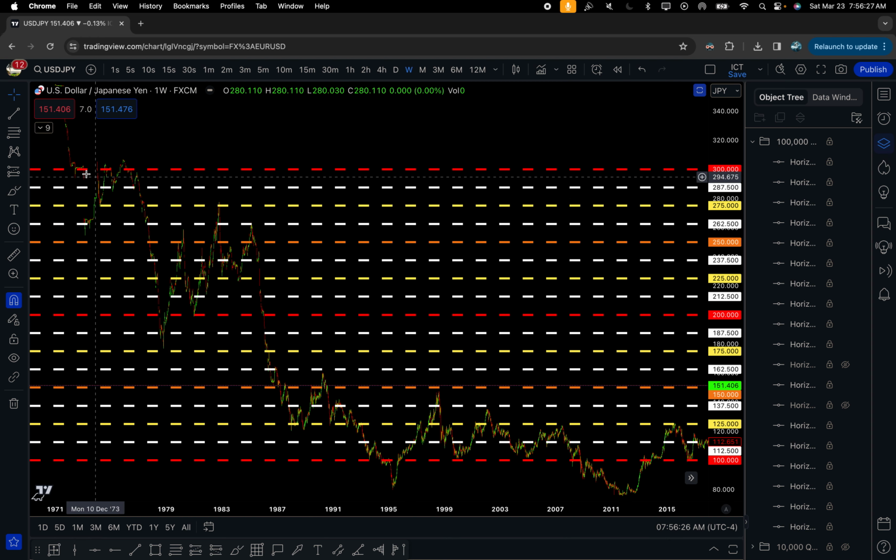Anyway, you can see how it started up here at 300, crashed down through here in the late 70s.